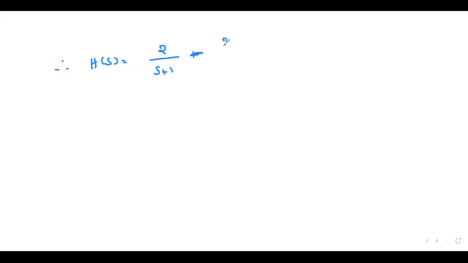Therefore, H of S can be written as 2 by (S plus 1) minus 2 by (S plus 2). Here we'll put the minus, but let the coefficient be minus like this. This is a summation kind, let it be plus here. Now we got the partial fractions. Then next, what should we do?